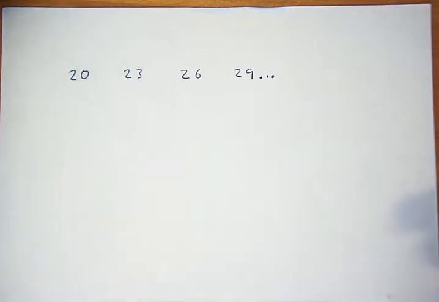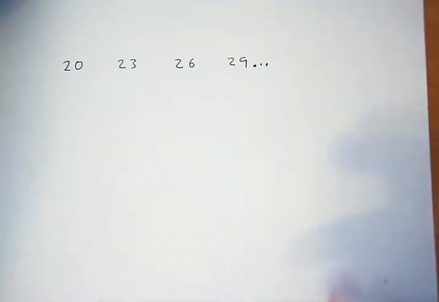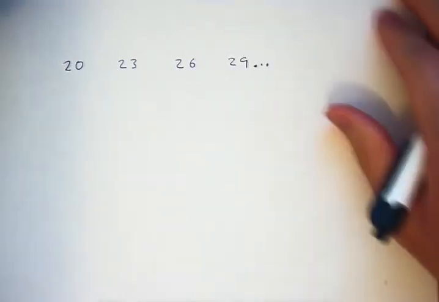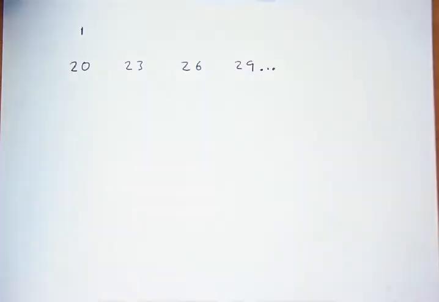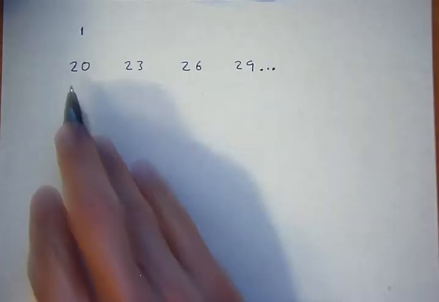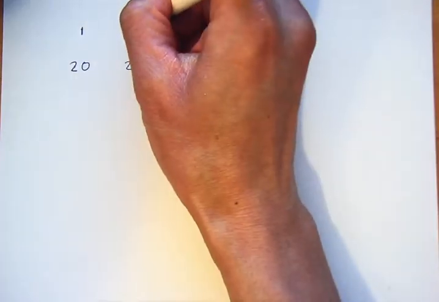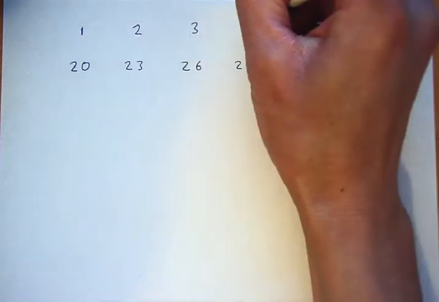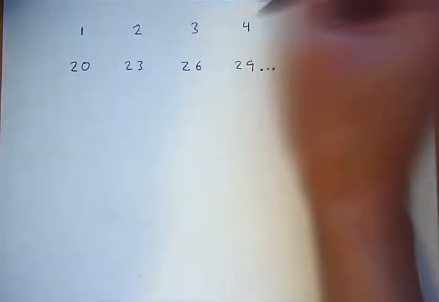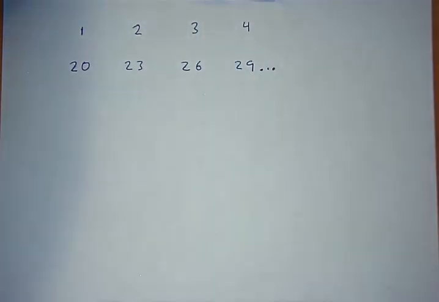So we're going to talk about this being the first number in the sequence, the 20, and then 23 is the second number, 26 is the third number, fourth number is 29, etc.